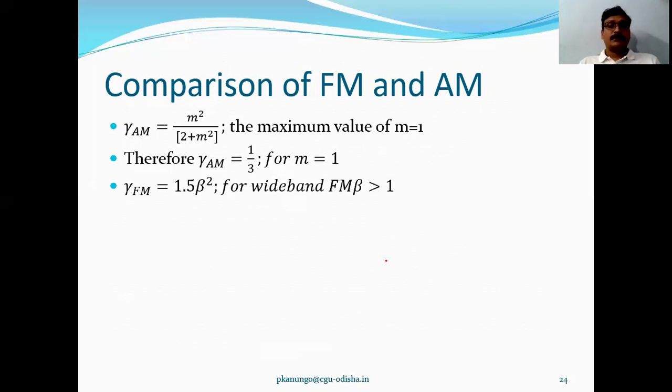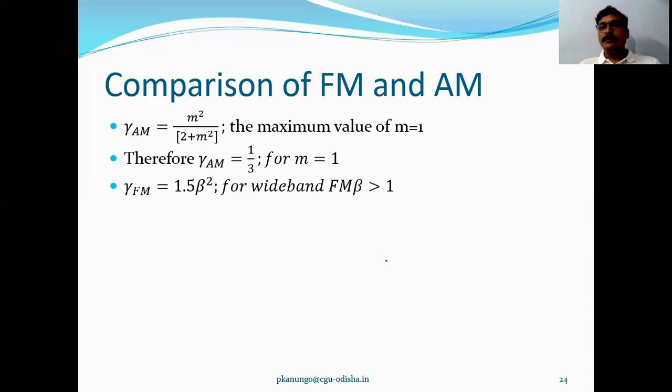And for the FM system, we consider the condition that beta is always greater than 1. Even if beta is equal to 1, the figure of merit is 1.5, which is much higher than the AM signal. That's why the FM system is better than the AM system in the presence of noise, because the figure of merit is 1.5 compared with 0.33 for AM.